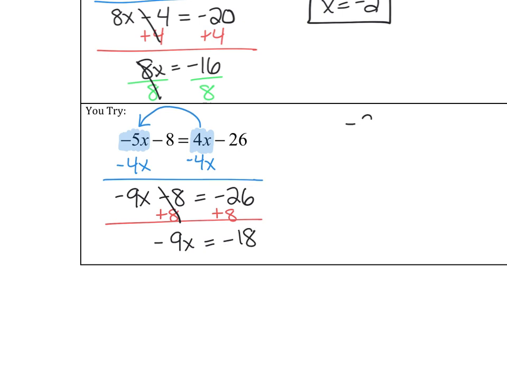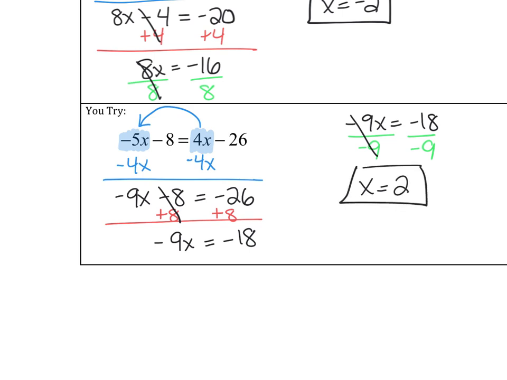Then from there, I know that negative 9x means negative 9 times x, so I'm going to do the opposite, and I'm going to divide. Make sure you keep the negative sign with the number always. So if I divide both sides by negative 9, they go away, and x equals negative 18 divided by negative 9 is a positive 2.